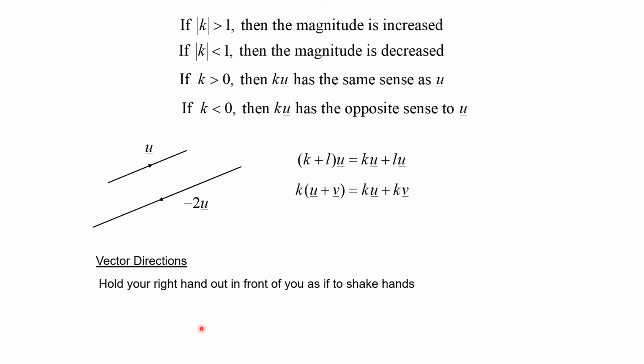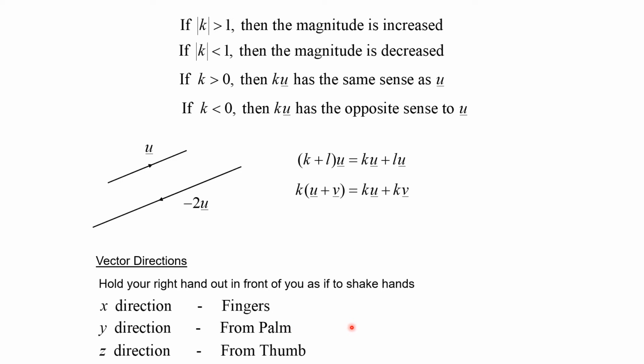So vector direction, when you hold your right hand out in front, as if you want to shake your hand, X direction will be your fingers, Y direction will be from the palm, and Z direction, for example, is the thumb. But bear in mind, sometimes when we draw a diagram, I have explained this in semester 1, I remember clearly, these X, Y, and Z directions can be rotated.